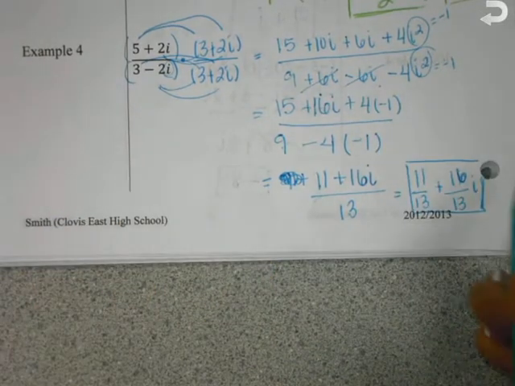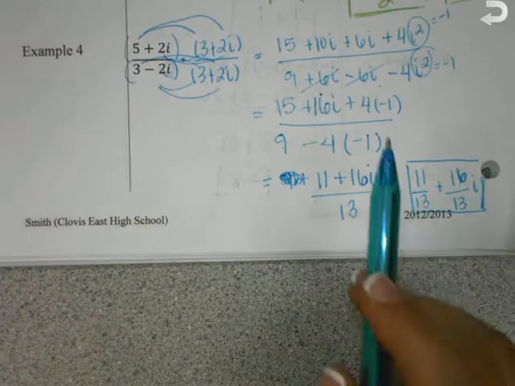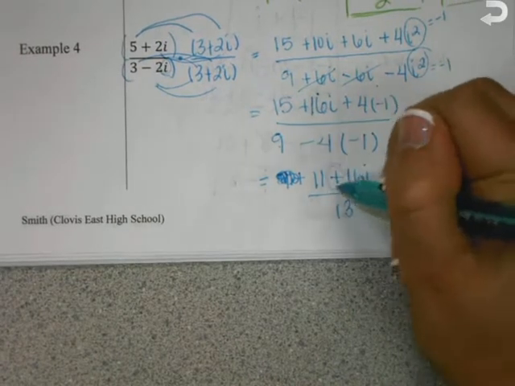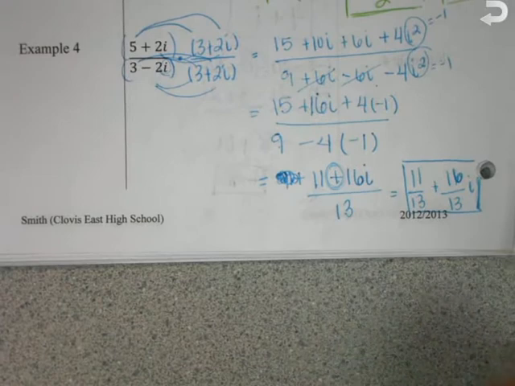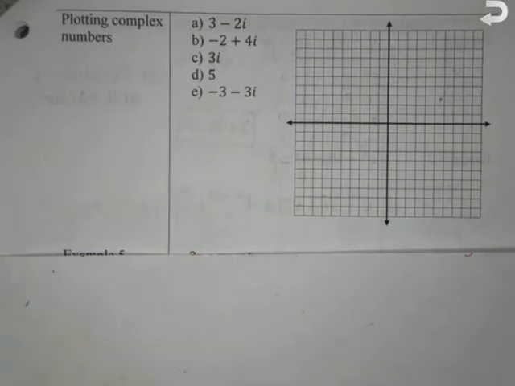Okay. Last thing we need to do with this is plot complex numbers. Plotting complex numbers is actually not that challenging. We still have axes. Usually our set of axes were x, y, but for imaginary and real numbers, it's a little bit different.